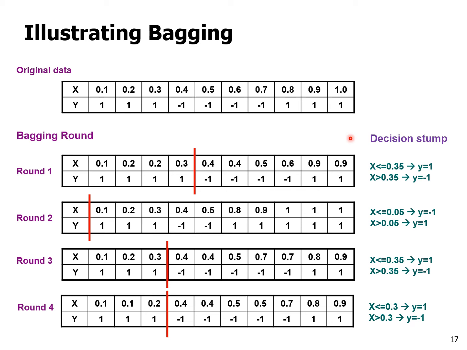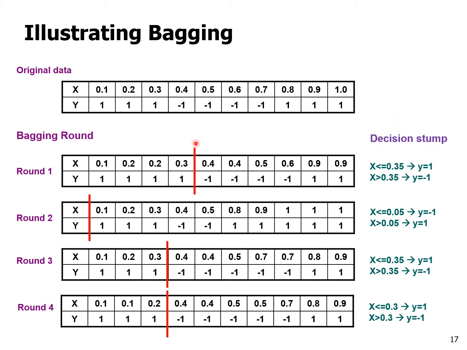In a decision stump, let's say you draw a line here, and if the x value is less than this line, then we say class value y is 1. The decision stump also says if the x value is greater than this, then class value y is -1. That's what a decision stump says.